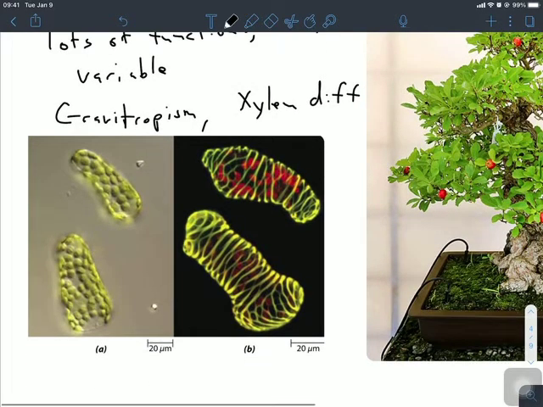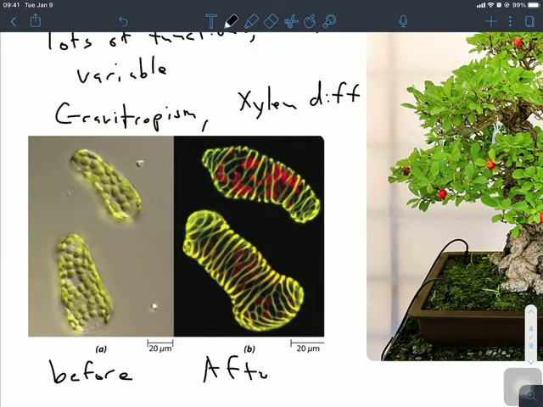So here we see an image from your textbook of cells before and after they've started to differentiate into xylem tracheary elements. So we start seeing their cell walls doing totally different things on the right. There's a lot of staining going on here, so you see the chloroplasts in green on the left and the chloroplasts in red on the right, but you don't see any differences in the cell wall on the left.